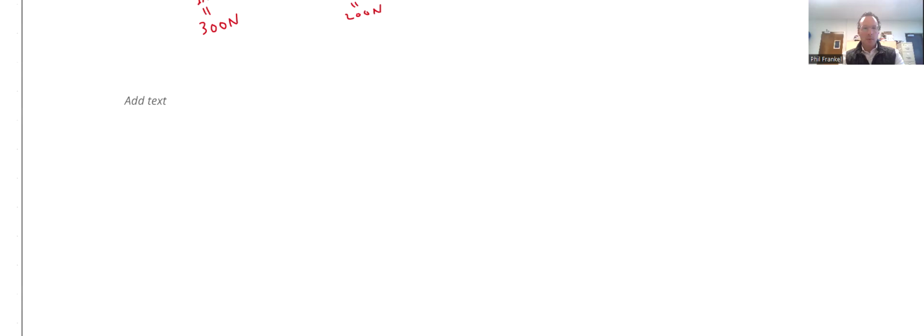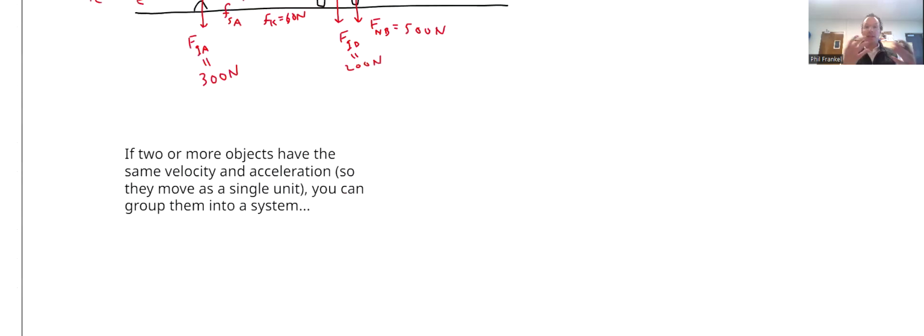If two or more objects have the same velocity and acceleration, meaning they move as a single unit, you can group them into a system. Anytime two objects have the same velocity and acceleration, it means they're moving kind of as one. And therefore, you can treat them as a single object.